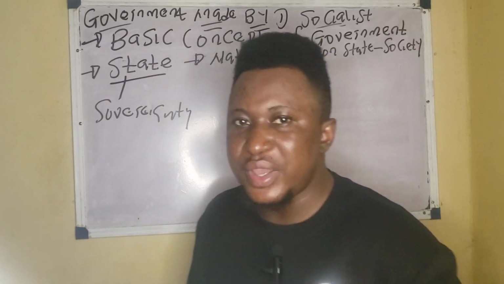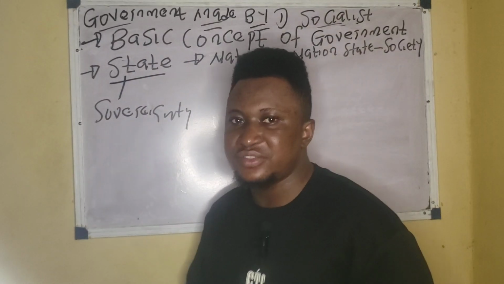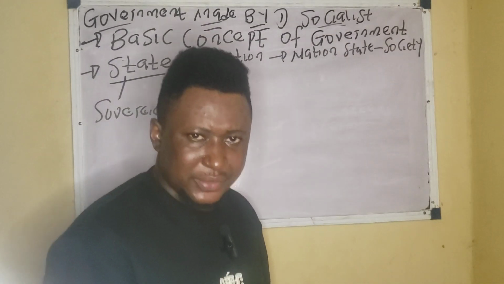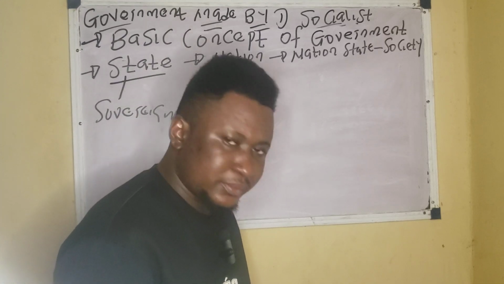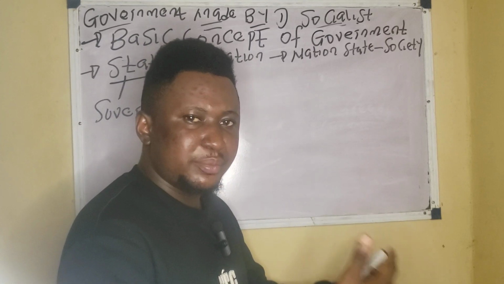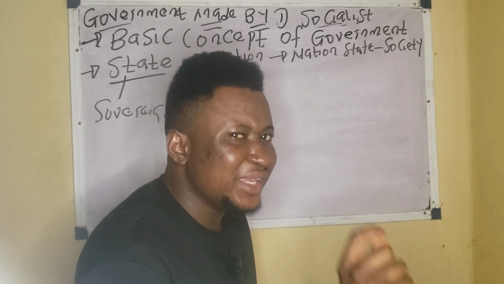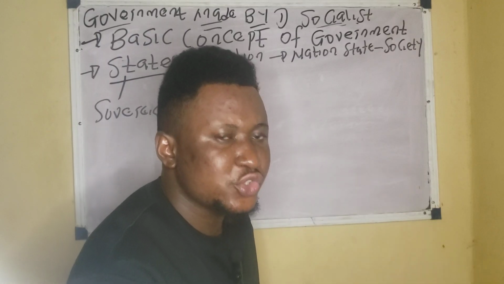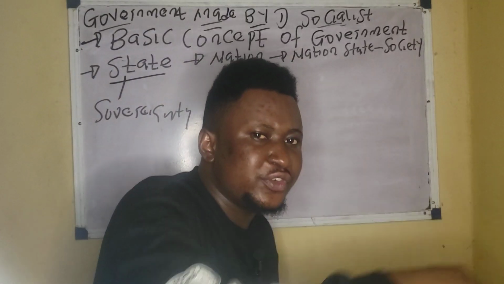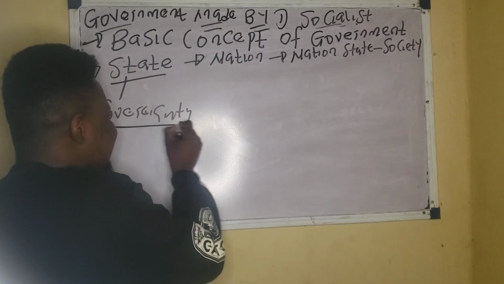Another way your examiner can throw you off balance is to ask: an area occupied by people who are living in a particular geographical territory with the presence of sovereignty, what is it called? It is called a state.